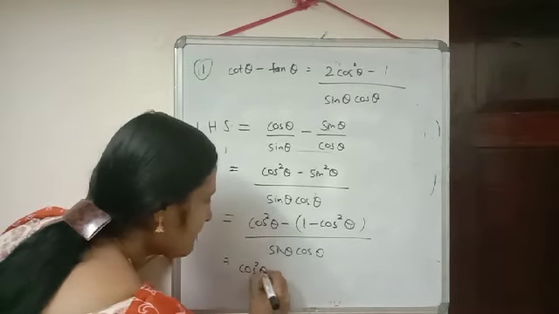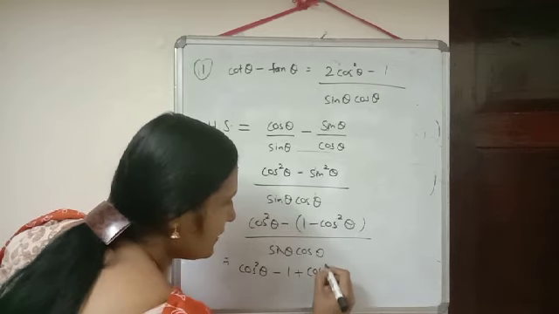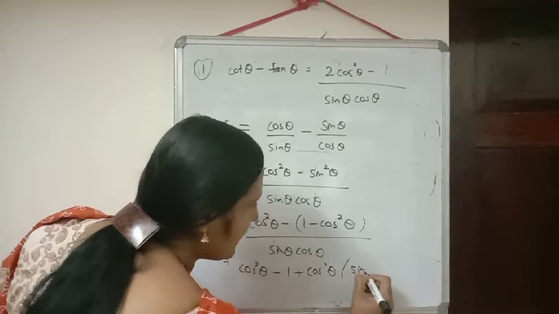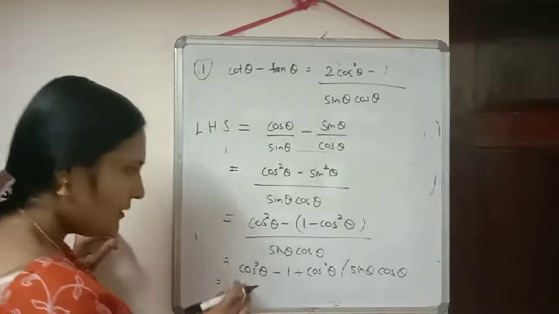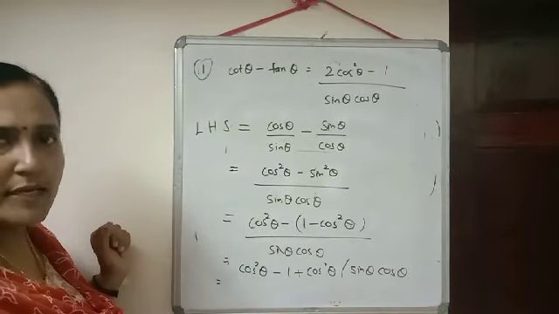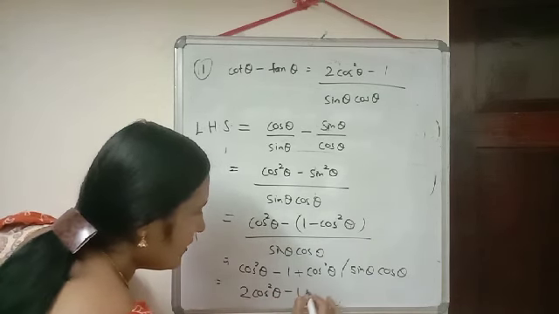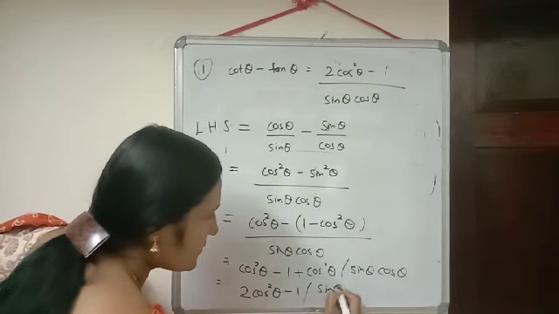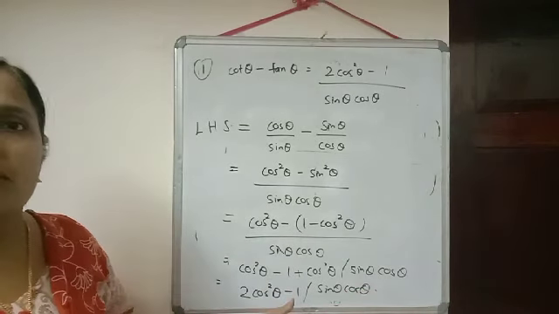Then we will get cos square theta minus 1. Minus into minus will be equal to plus cos square theta by sin theta into cos theta. Now cos square theta plus cos square theta will be equal to 2 cos square theta. So we are getting here 2 cos square theta minus 1 by sin theta into cos theta.